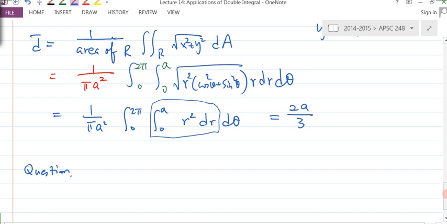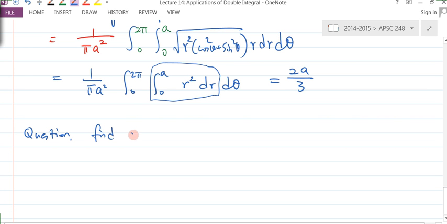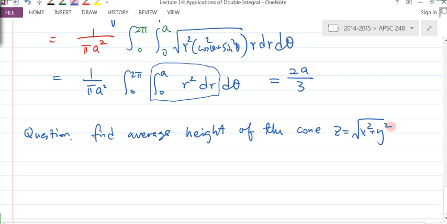Can you find the average height of the cone z equal to root x squared plus y squared above a disk x squared plus y squared less than a squared? Okay, so there might be a question like this. Find the average height of the cone above a certain disk, which is this.